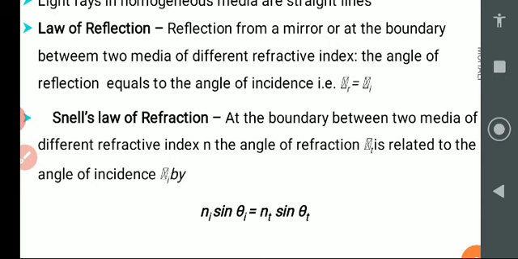So n1 sin theta 1 equals n2 sin theta 2. This is called Snell's law of refraction. It is a very important law.